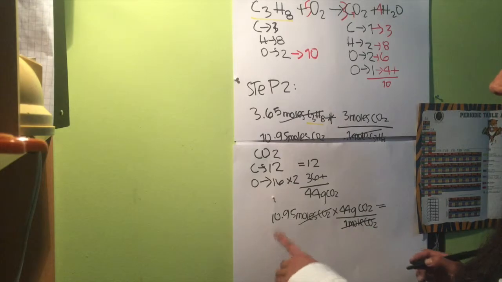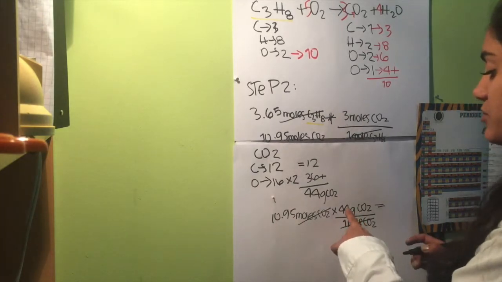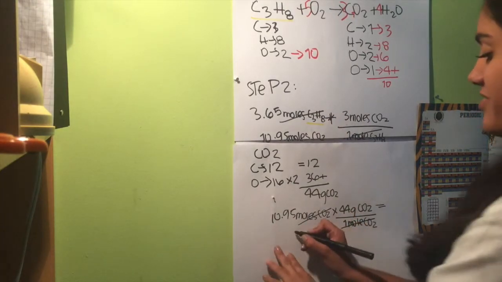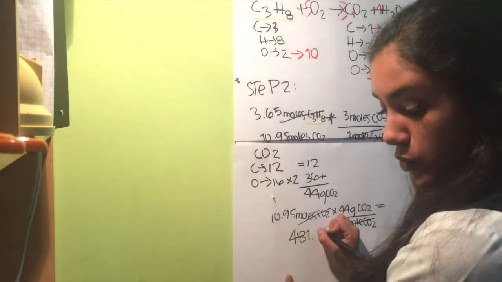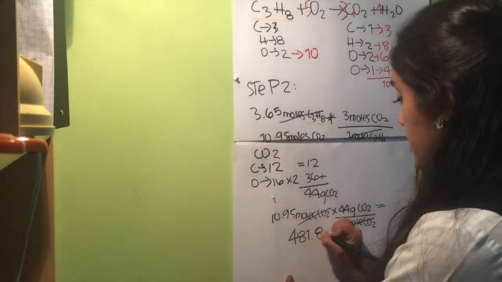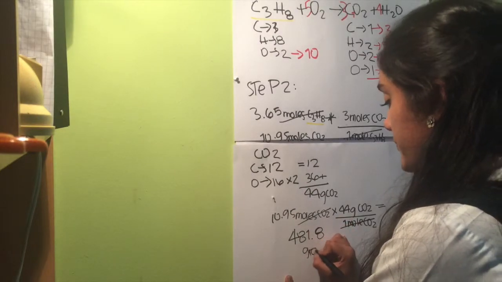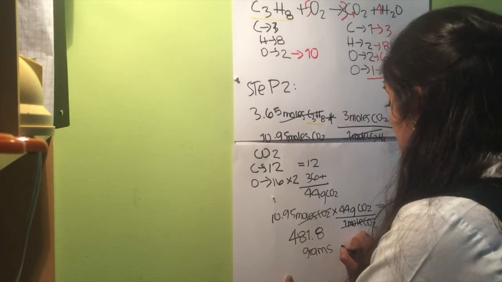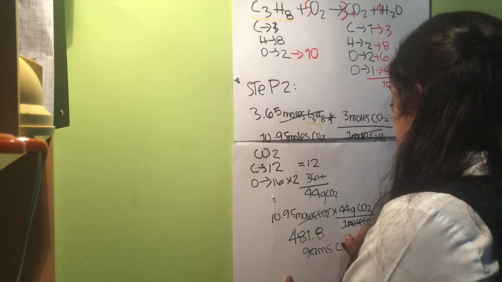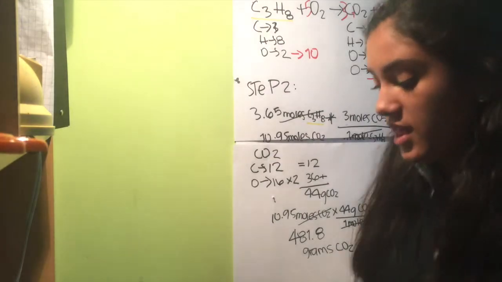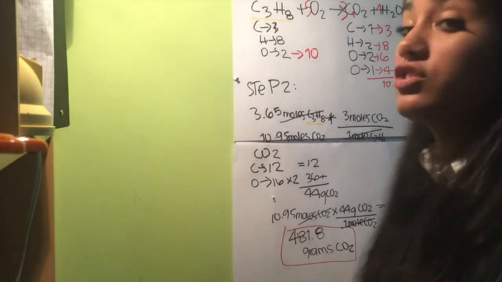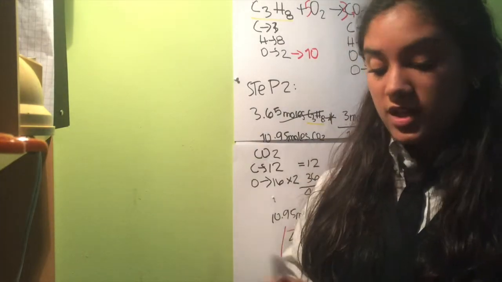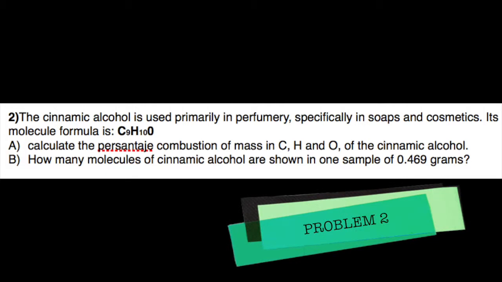So you multiply 10.95 times 44 divided by 1, and the answer is going to be 481.8 grams of carbon dioxide. And this is the answer of our first problem.